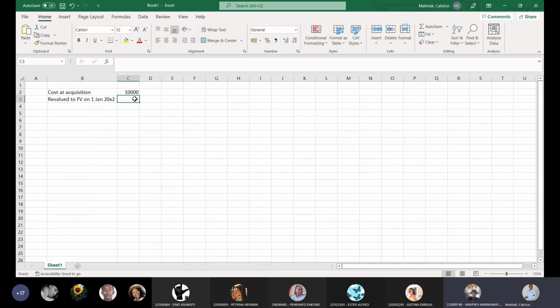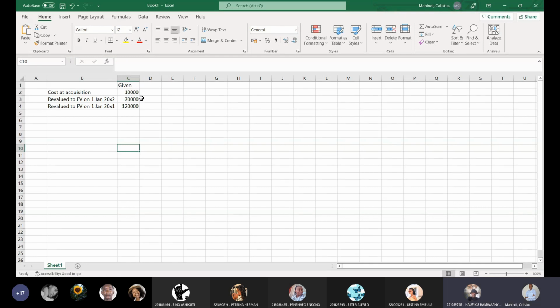That was 70,000 on 1st of January 20x2, and we're given one more figure that it had been revalued to 120,000 on 1st of January 20x1. So on 20x1, it had been revalued to 120,000. These are the figures that were given in the scenario.